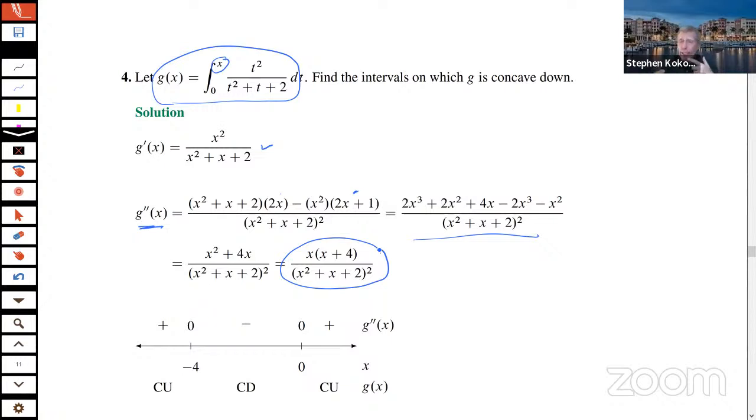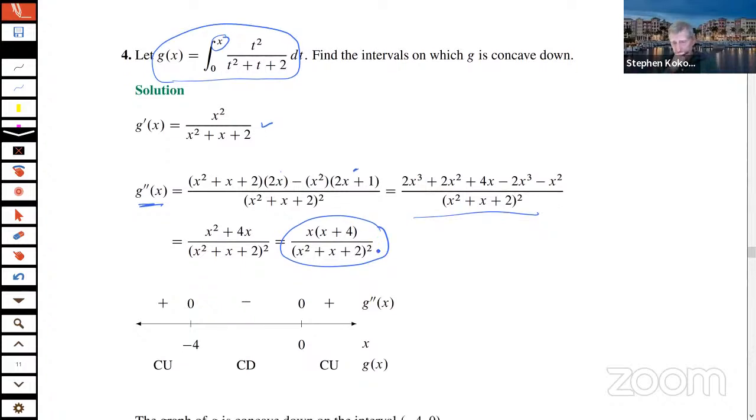And I did that looking ahead because in my mind, what I'm going to be looking at eventually is a sign chart. And then for the AP exam, I might have to completely interpret that sign chart. Well, let's see. Where is that second derivative 0? Since I've got it completely factored, I know that it's 0 at -4.